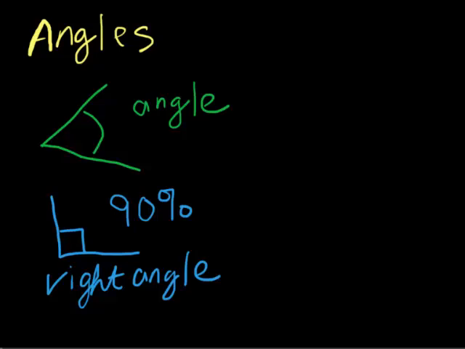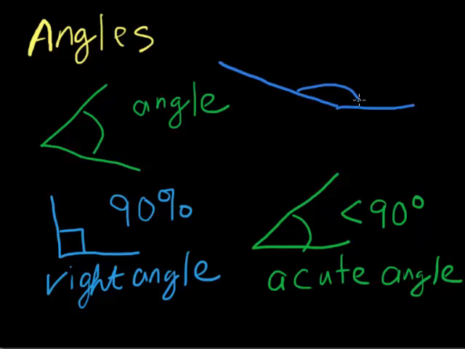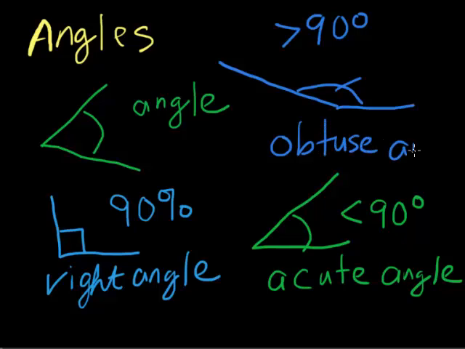Okay? And for the angles that open up and they are less than 90 degrees, right? So this angle here is less than 90 degrees. We call this an acute angle. All right? And for all the other angles that open up to be more than 90 degrees, for example, in this case, this is greater than 90 degrees, we call these the obtuse angle.